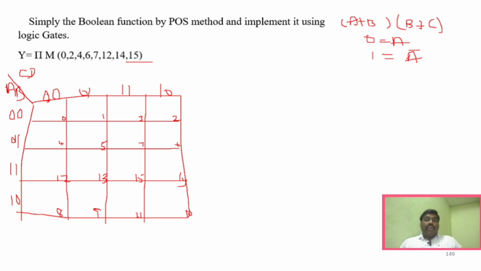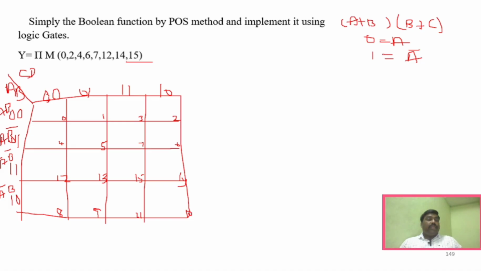And now you have to assign these variables, right? For that, I already said that 0 means it is a non-complement form, correct? So this will be A, B, and this will be A and B bar, right? And this will be A bar, B bar, and this will be A bar, B, right?